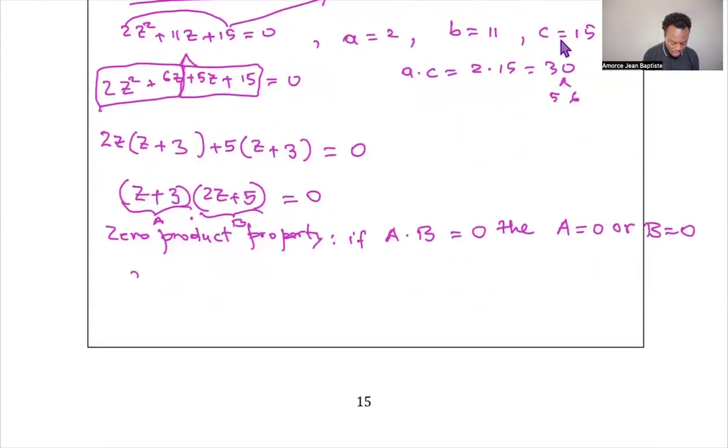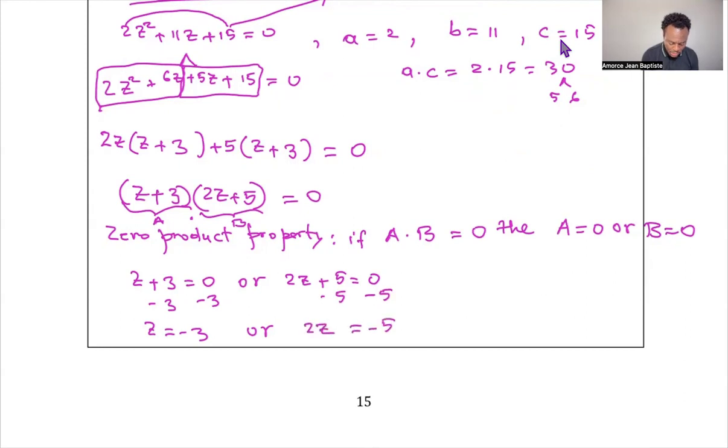So that is z plus 3 equals 0, or 2z plus 5 equals 0. Subtract 3 on both sides: z equals -3. Or subtract 5 on both sides: 2z equals -5. Divide by 2: z equals -5/2.